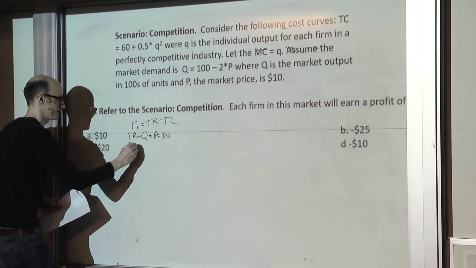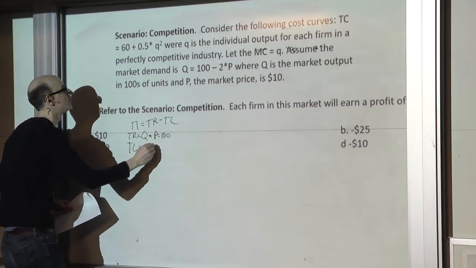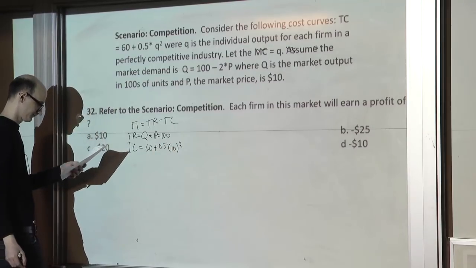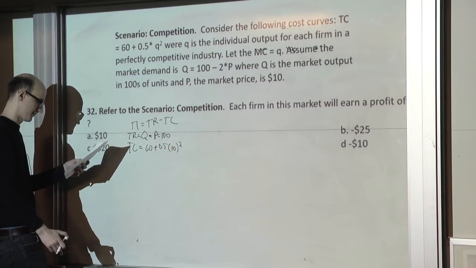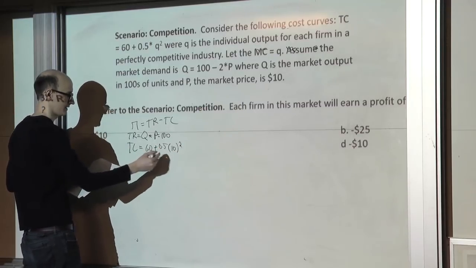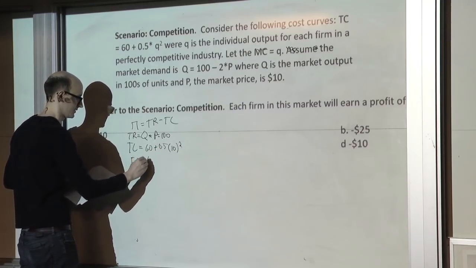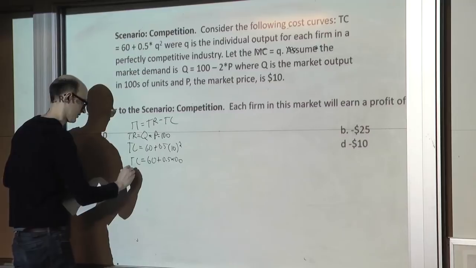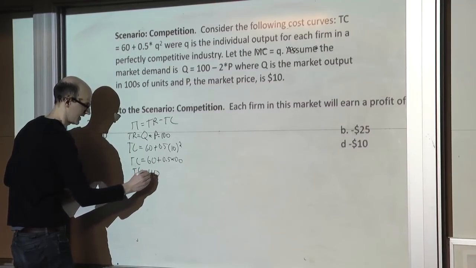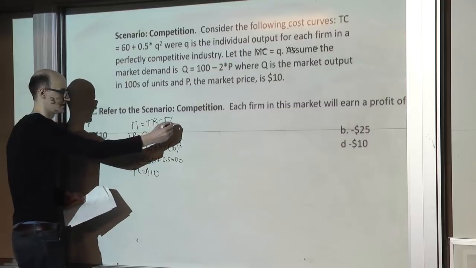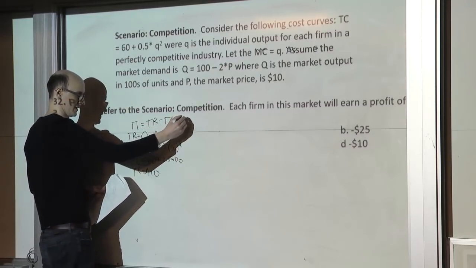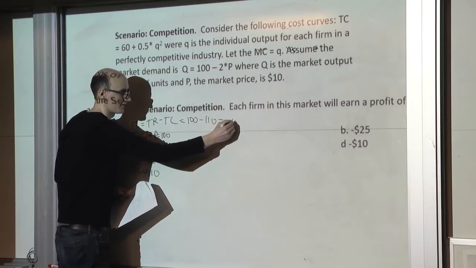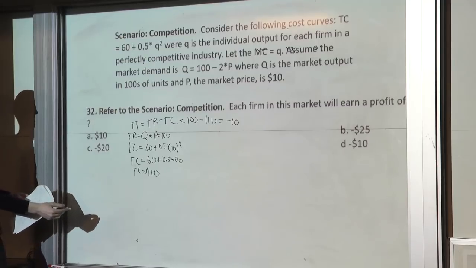So we have total cost equals 60 plus 0.5 times 10 squared. 10 squared is 100, so total cost equals 60 plus 0.5 times 100. So total cost equals 110. 60 plus 50 is 110. So we'll get profit equals 100 minus 110 equals negative 10. So the answer is D.